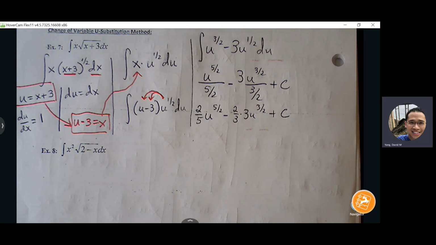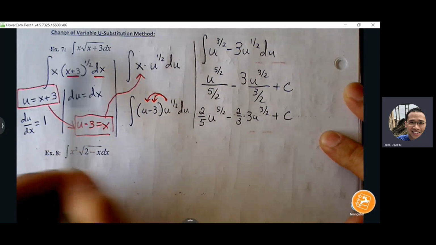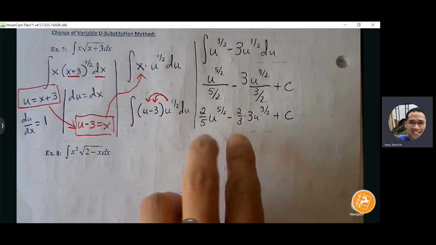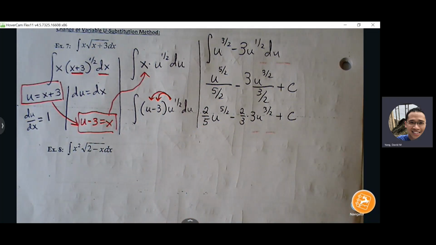Yeah, just a placeholder. It's just a temporary variable, right? We still have to bring our problem back in terms of what? In terms of X, right? So I feel like these are types of problems that students tend to most likely leave their answer in terms of U. So just keep reminding yourself that if your final answer is in terms of U, bring it back in terms of X. Okay, so just keep that in mind.